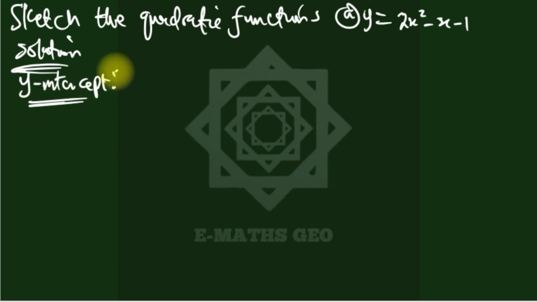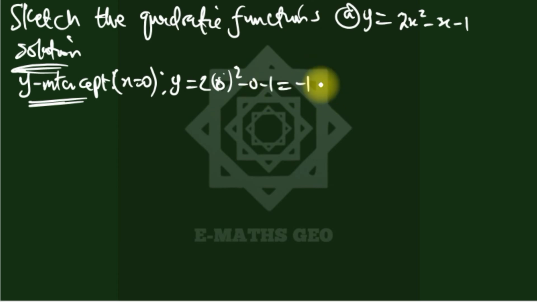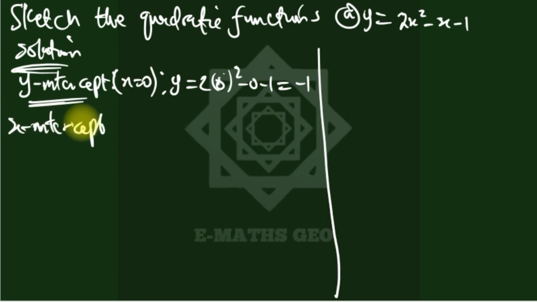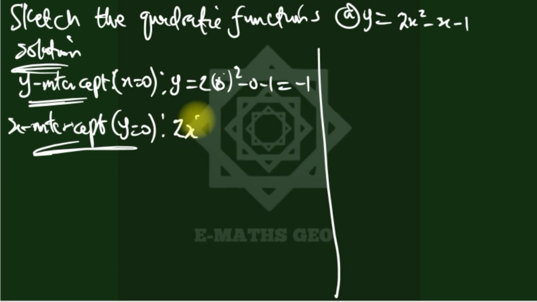that is x is 0. So I substitute the value of x equal to 0. We see that y is 2 times 0 squared minus 0 minus 1. We have minus 1. So for x-intercepts, that is y equal to 0, substitute y as 0, we now have 2x squared minus x minus 1 equal to 0.